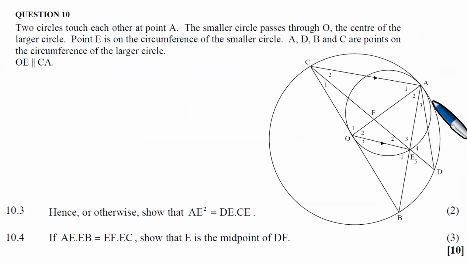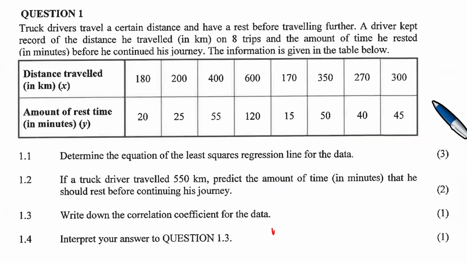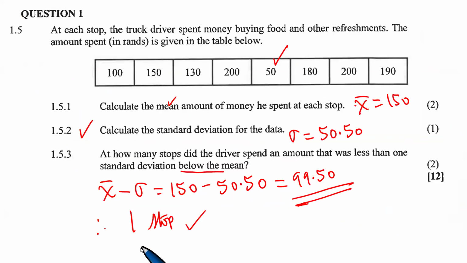Okay, now what is the value? Now the mean is 150 and the standard deviation is 50.50. It's 50.50, which means that now x bar minus sigma is 150 minus 50.50.